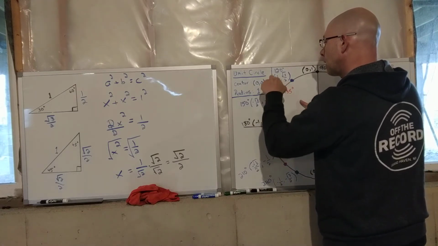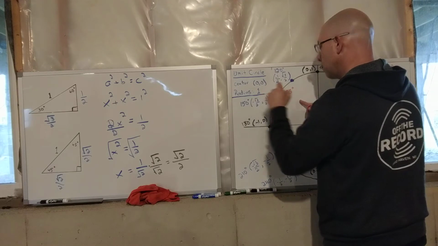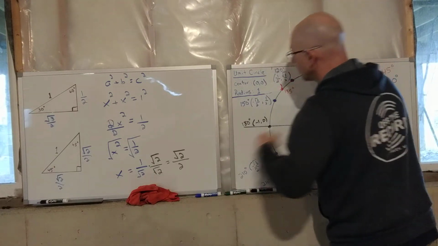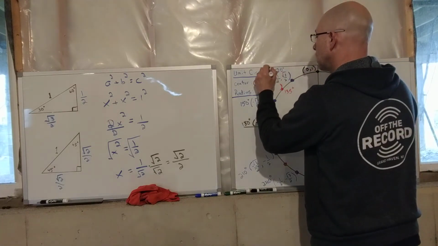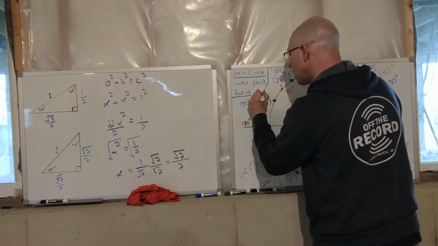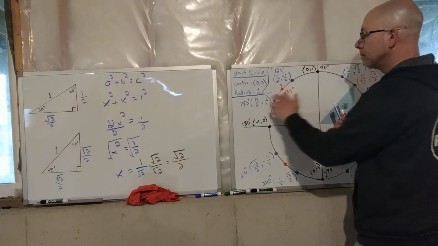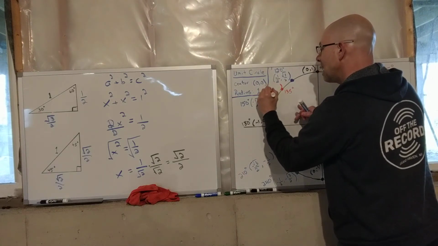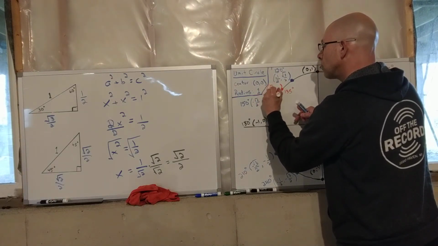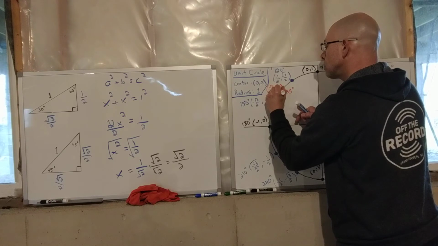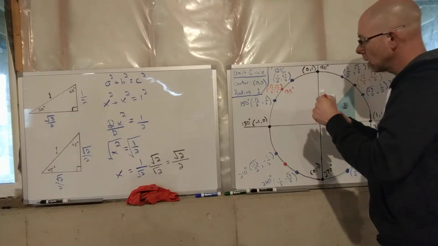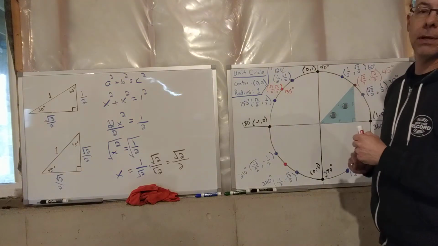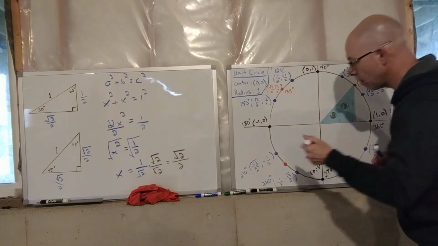And again, I'm going to squeeze this in here. That's negative square root of 2 over 2, square root of 2 over 2, because it's left and up. Down here, they're both negative.